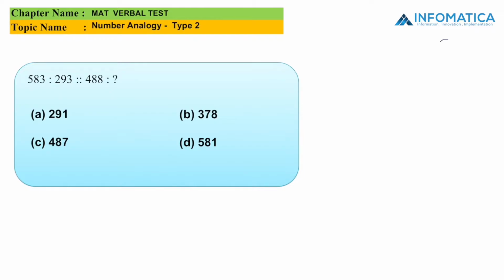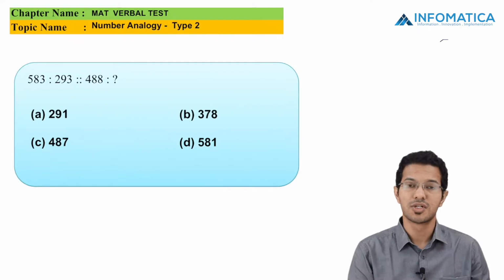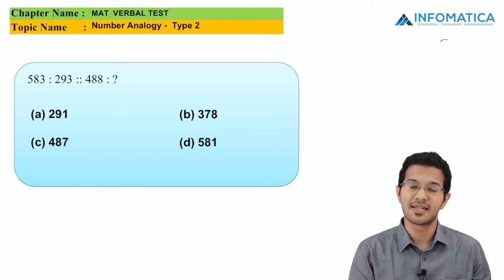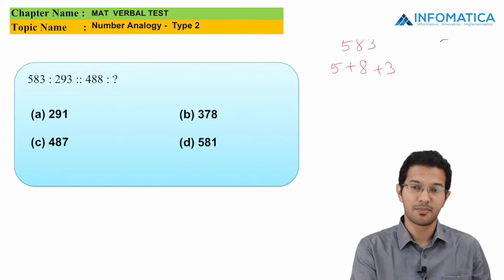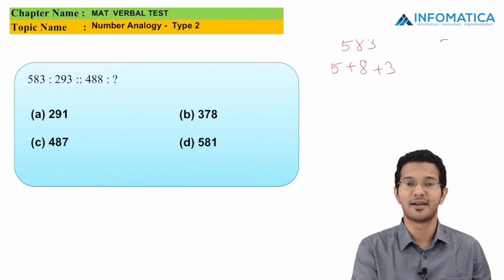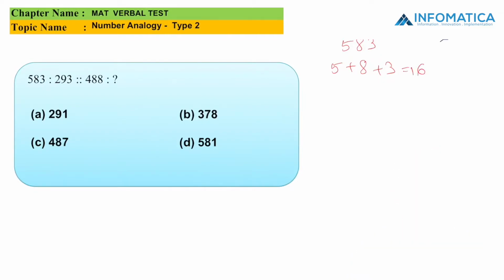Now students, if you look carefully, these are big numbers. So let us break them down as an observation. Let us take the first number, which is 583. If I do 5 plus 8 plus 3, I get the answer 16. Now let us see 293. It says 2 plus 9 plus 3, which is nothing but 14.